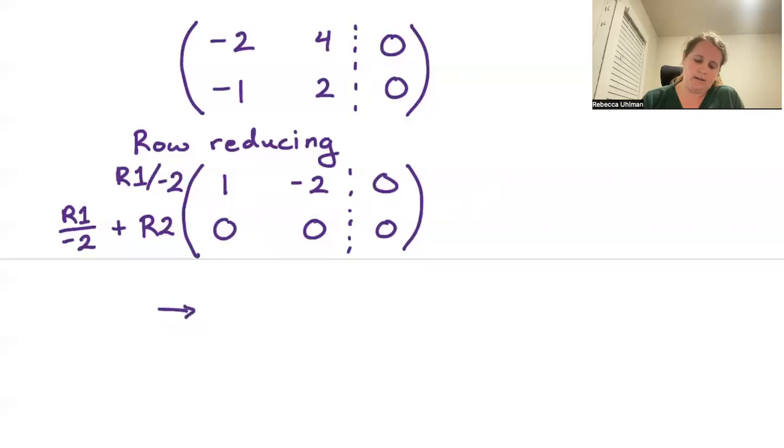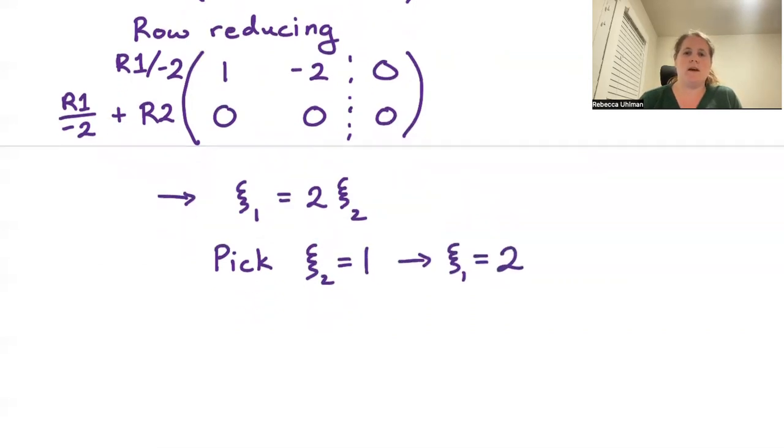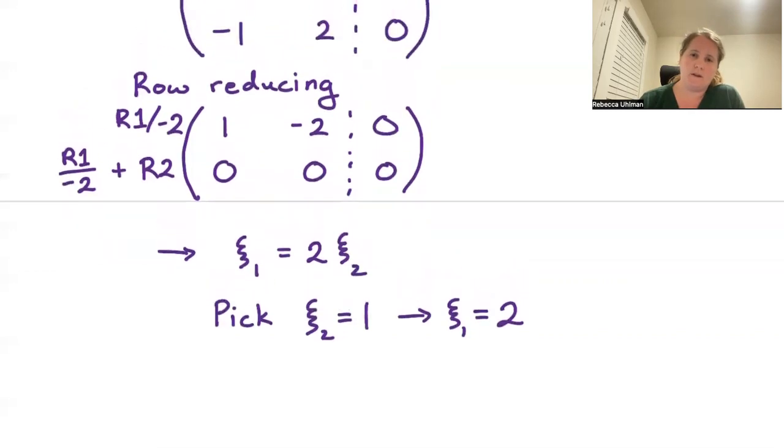So we get xi1 should be equal to 2 times xi2. So we can go ahead and pick our xi2 to be 1. That means our xi1 has to be 2. Since we only have one free variable, we only have an eigenspace of dimension 1. Right?